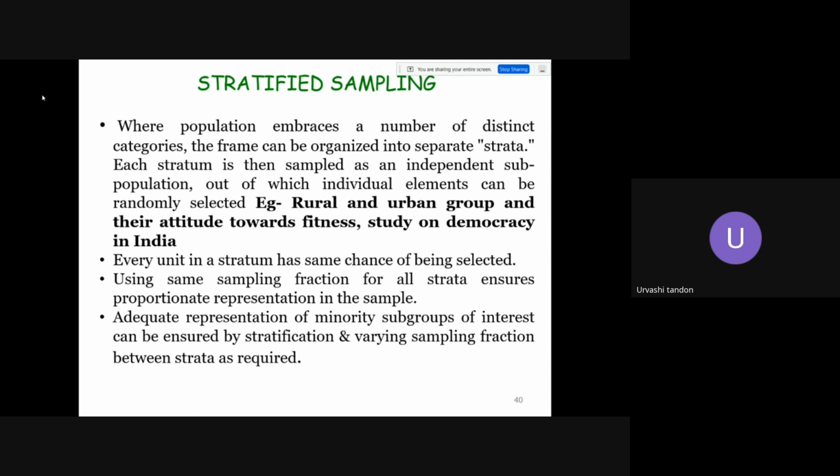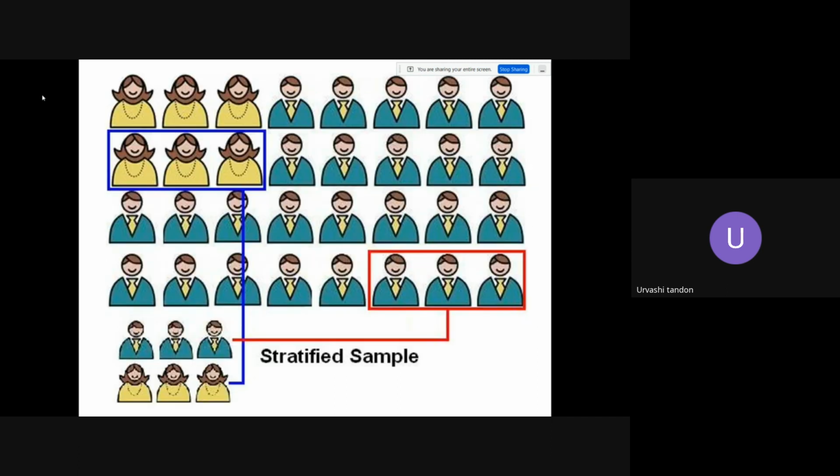Here, every unit in the stratum has the same chance of being selected. Again, adequate representation of minority subgroups can be ensured, because in random sampling, when you pick up, minority subgroups are at times ignored, but in stratified sampling they are considered.